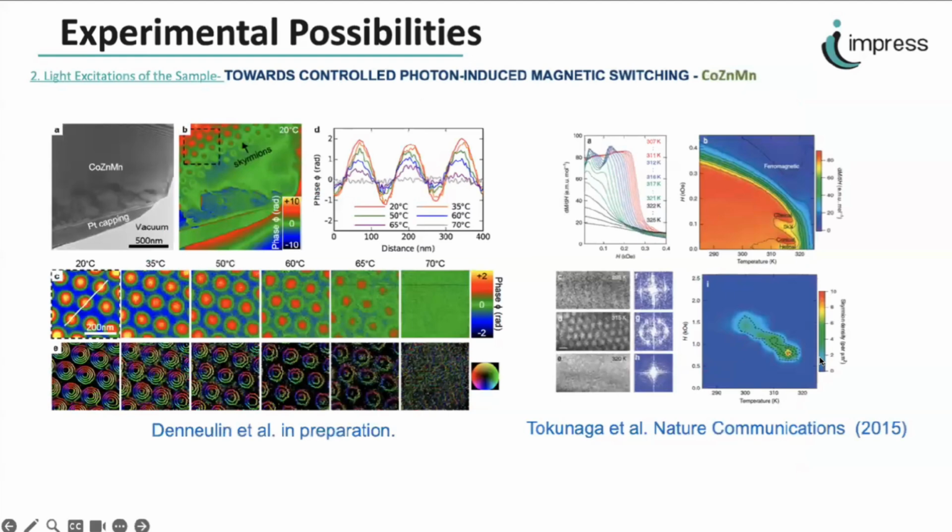Okay. There is a second experiment example that I would like to show you. This is about cobalt zinc manganese, which also hosts skyrmions above room temperature.